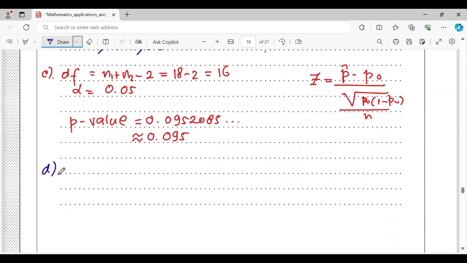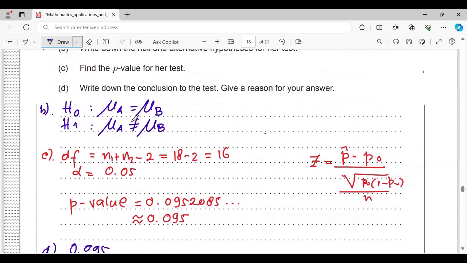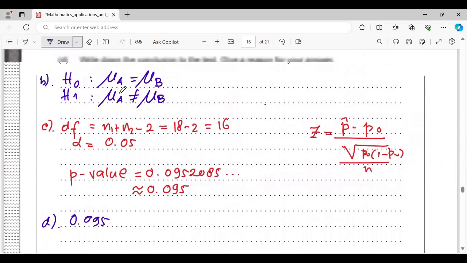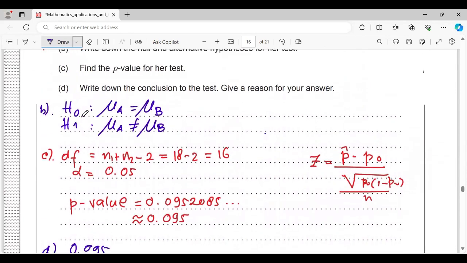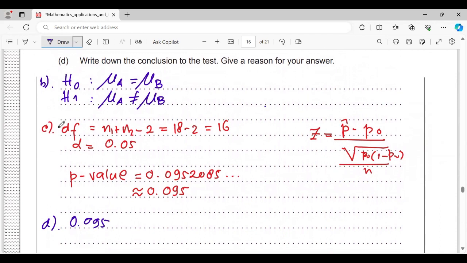D. 0.095 is the p-value. So the p-value will determine the decision of this hypothesis: accept the null hypothesis or accept the alternative hypothesis.